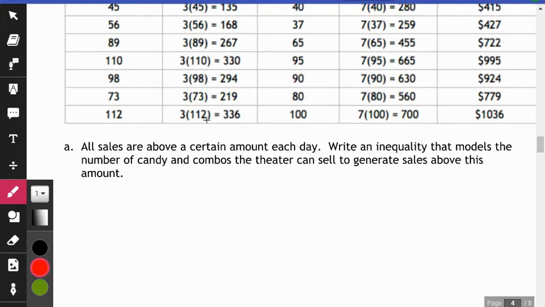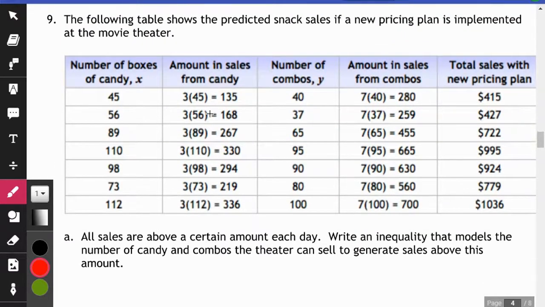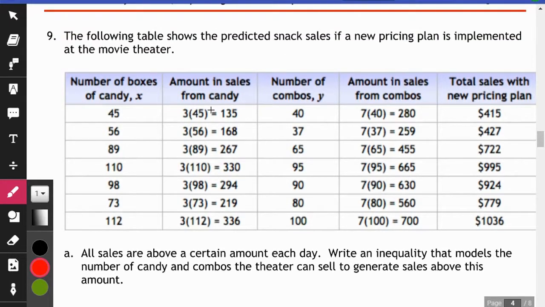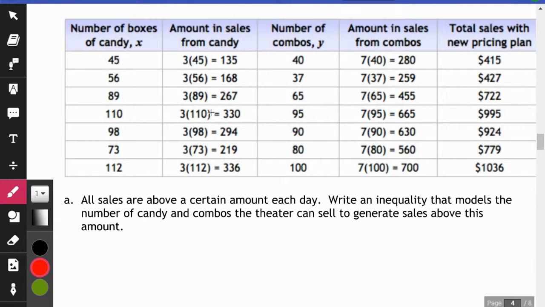All sales above a certain amount each day. Write an inequality that models the number of candy and combos the theater can sell to generate sales above this amount. Okay, above this amount. That's really confusing.